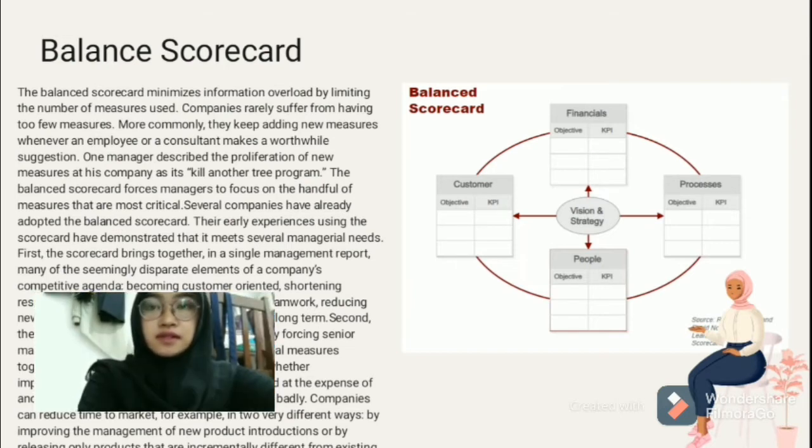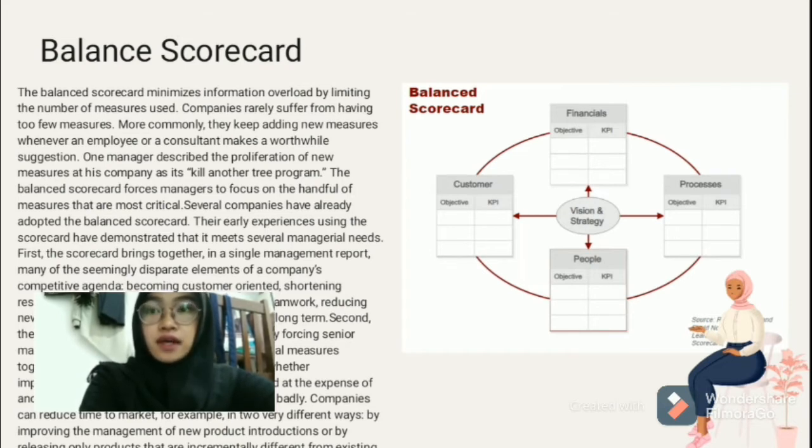The reason we need a balanced scorecard is because it minimizes information overload by limiting the number of measures used. Companies rarely suffer from having too few measures, and more commonly, they keep adding new measures whenever an employee or a consultant makes a worthwhile suggestion.